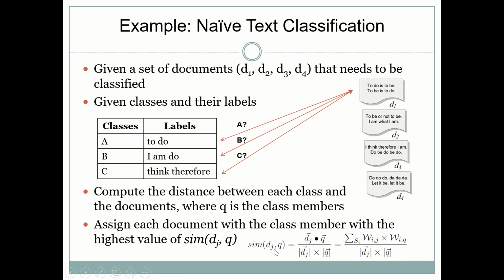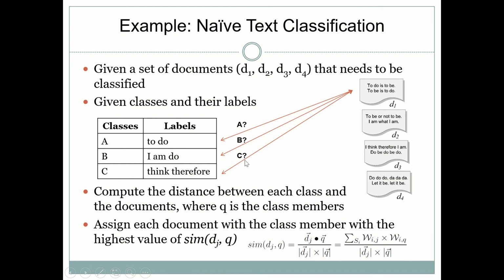We will use this similarity distance function, which is actually the cosine distance. We will determine whether document one belongs to class A, B, or C depending on the distance to the labels of A, B, and C.